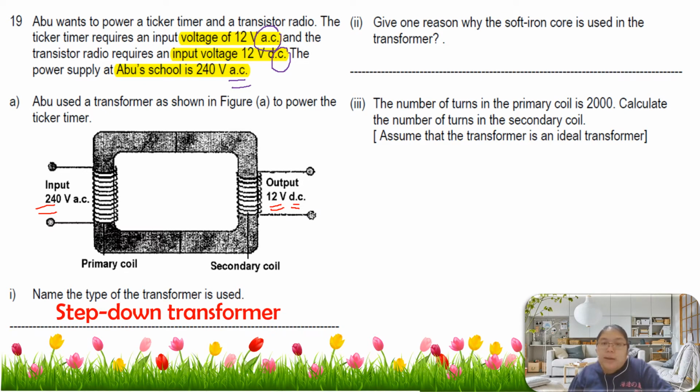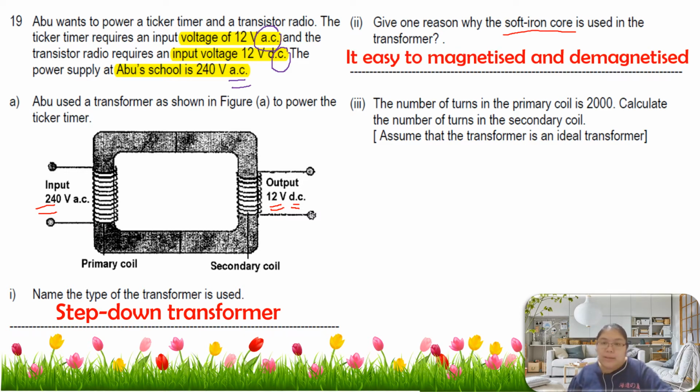Okay, number 2, give one reason why a soft iron core is used. Remember this word, soft iron core. We use a soft iron core because it is easy to magnetize and also demagnetize.